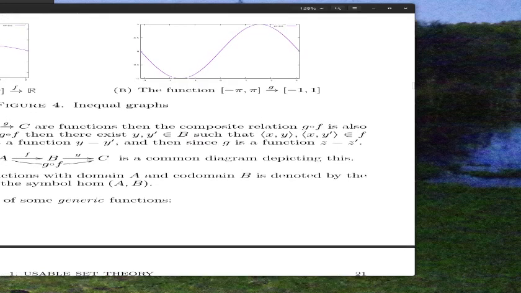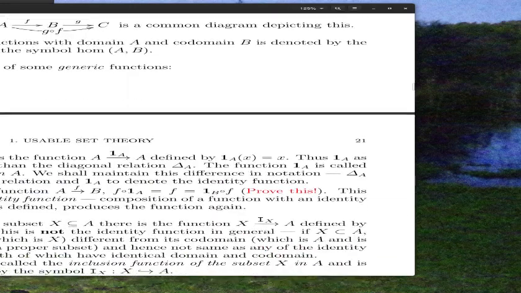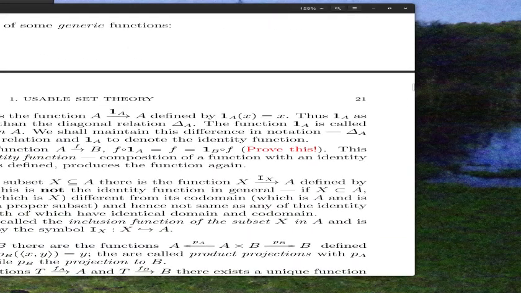Okay, so now the set of all functions I'll denote like this, or as I said already, I like this hom(A, B) kind of symbol. Okay, now let's come to the types of functions.